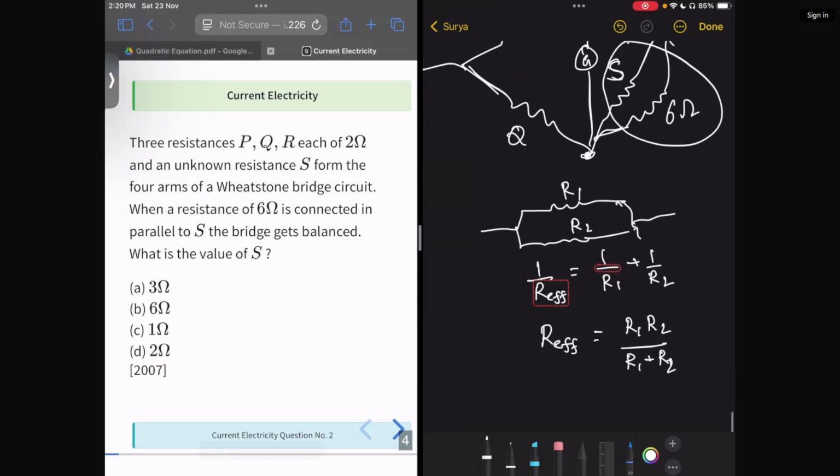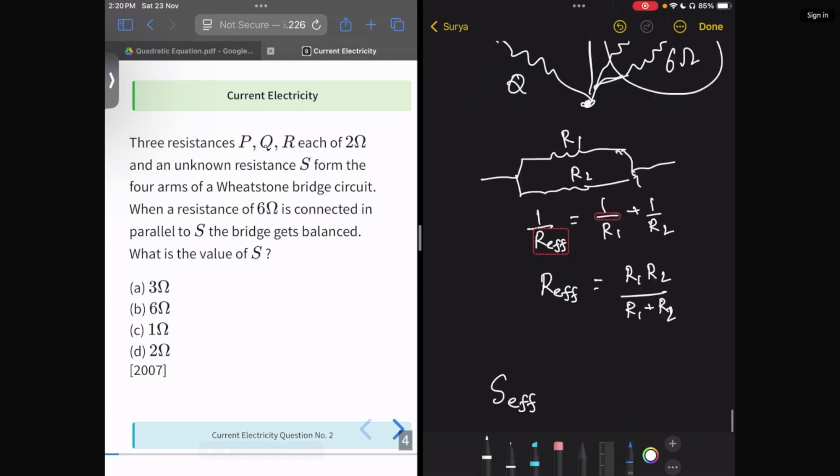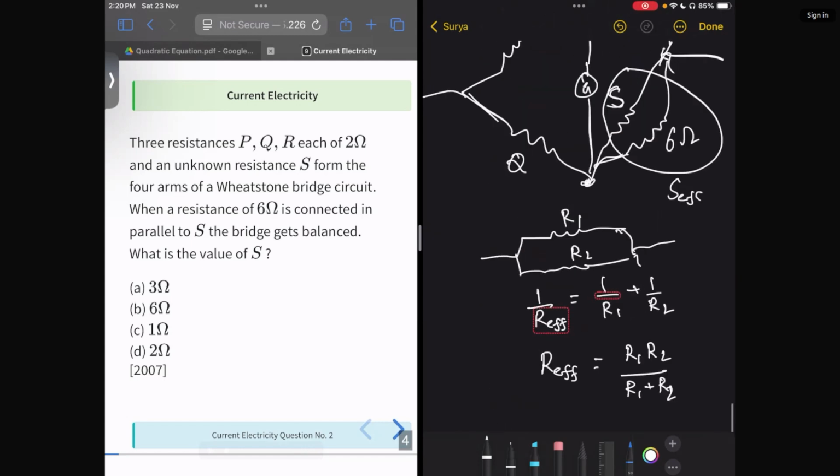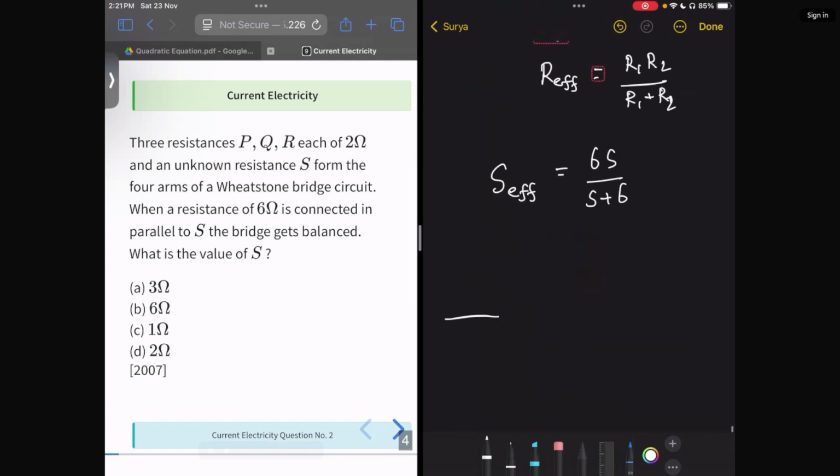Here S and 6 are in parallel, so S effective, which I am taking as S effective, will be 6S by S plus 6. Now my diagram is very bad, so I will draw it again. This is the S effective now.